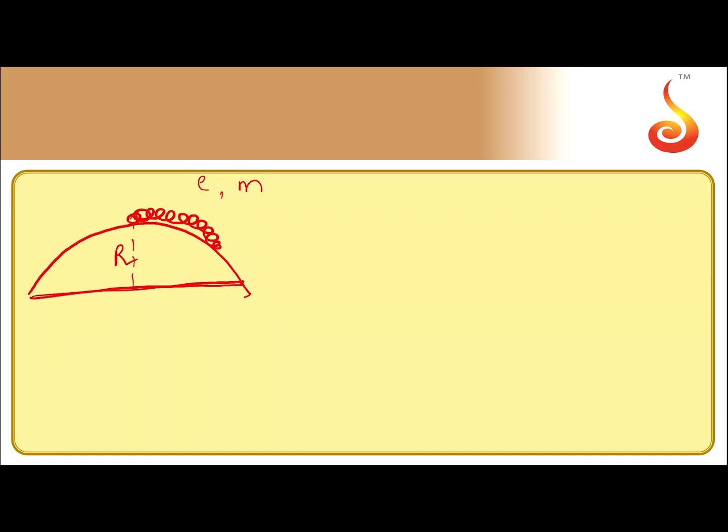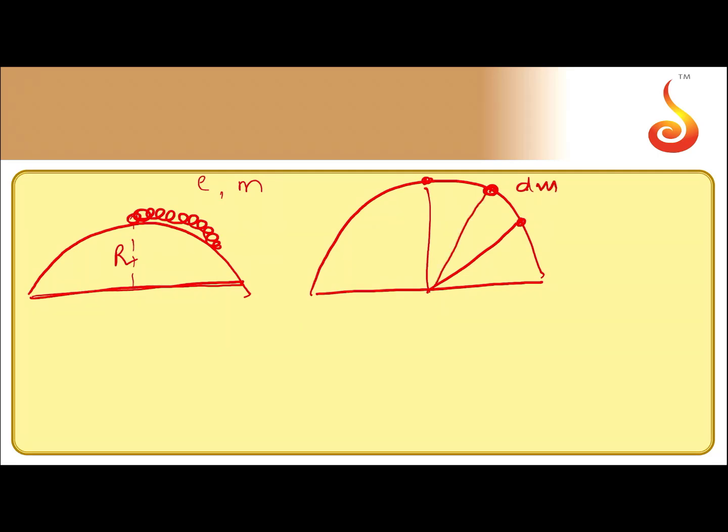Notice that different parts are at different heights. So I am going to redraw the diagram first of all to show this. I am going to consider a small portion whose mass is dm, and let's assume that this portion is at an angle of theta and subtends an angle d theta.